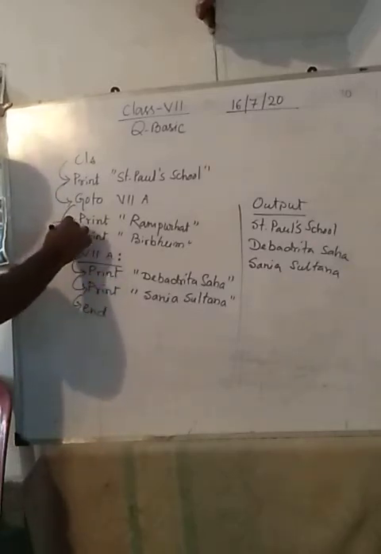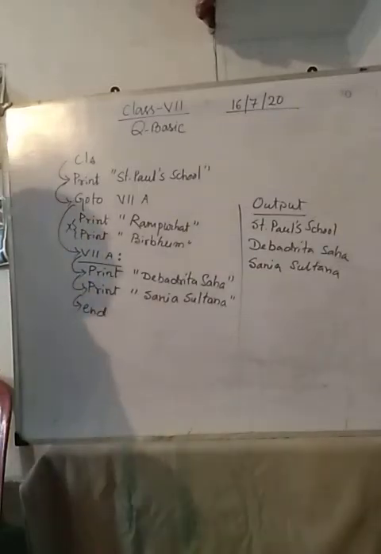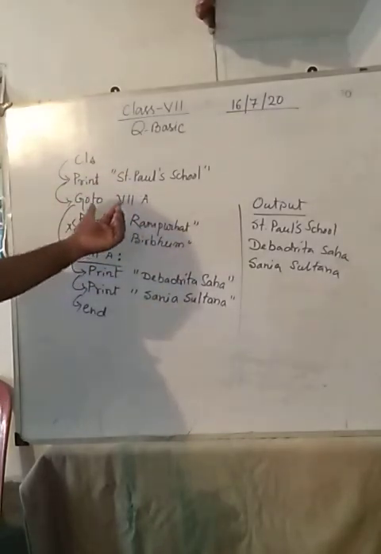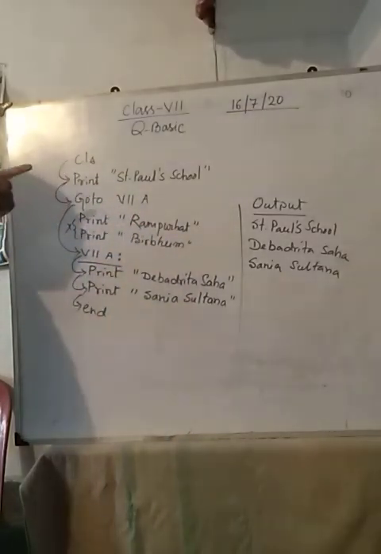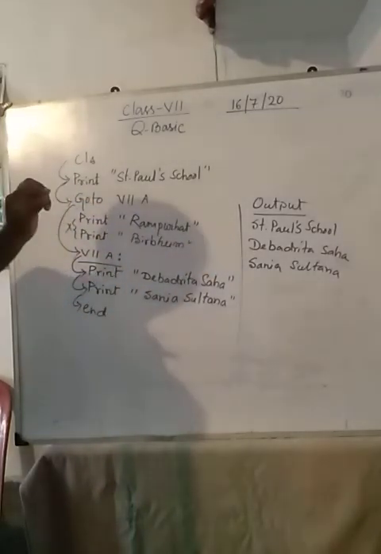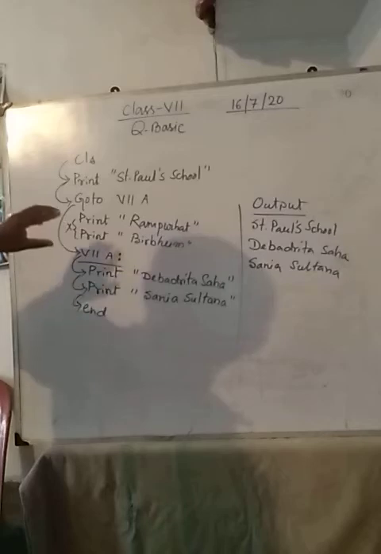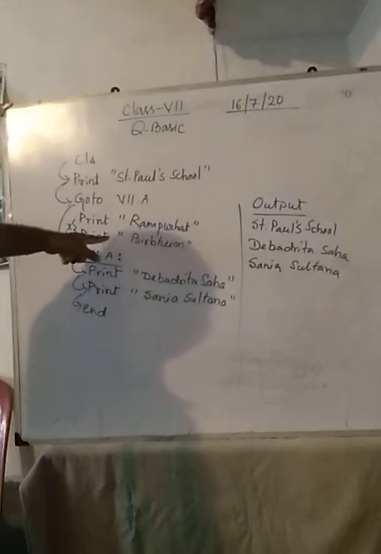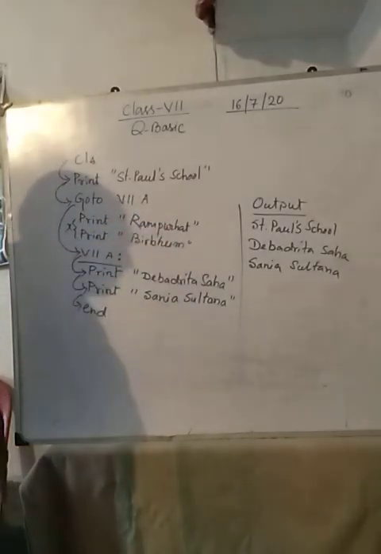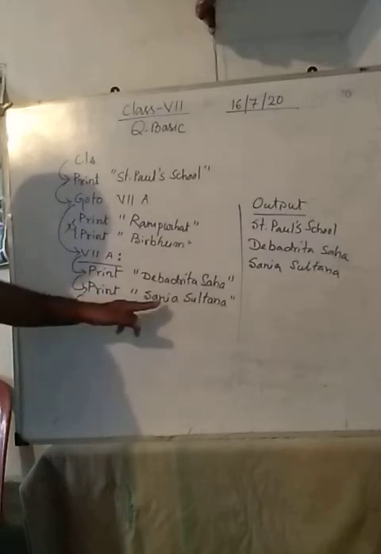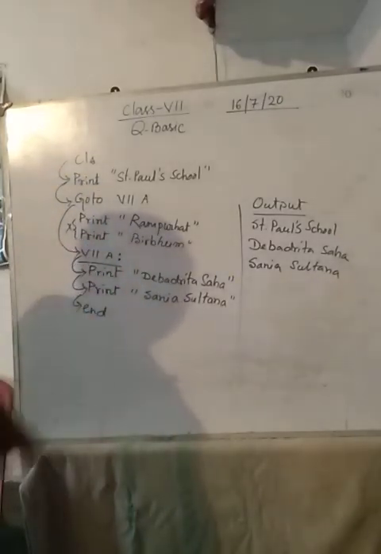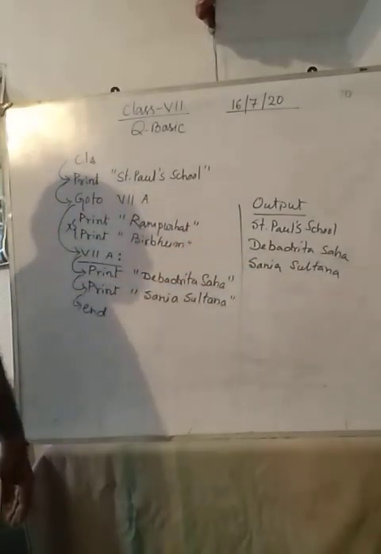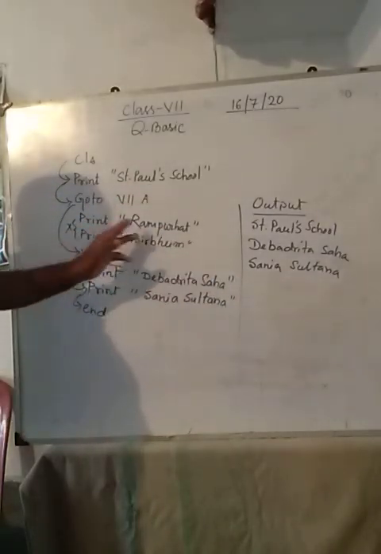You can see that Rampurhat and Birbhum were not displayed. Why? The function of the go to statement is that it goes directly to the given statement. It will not read or follow the others. I have written 7A, so it goes to the 7A group. So this is the function of the go to statement.